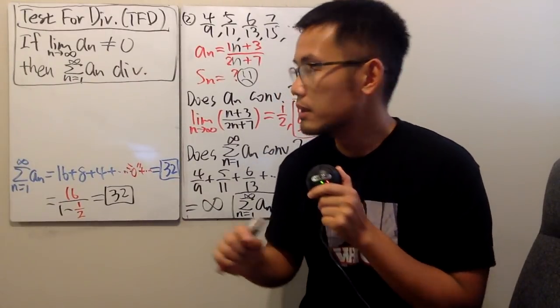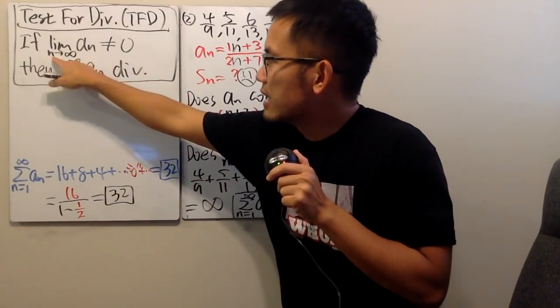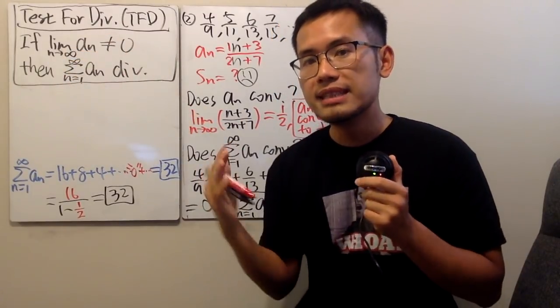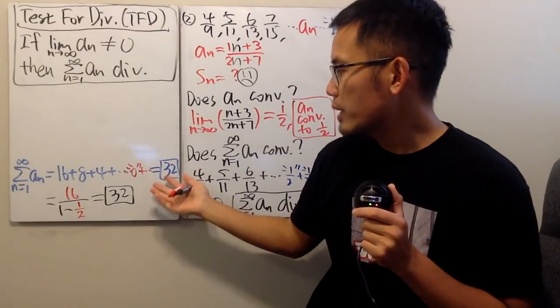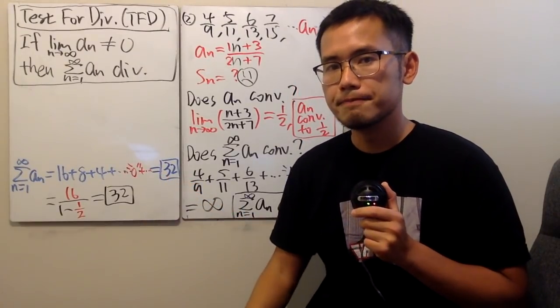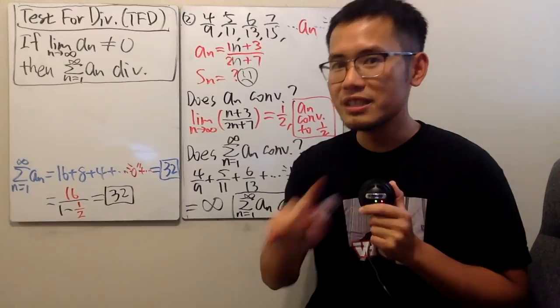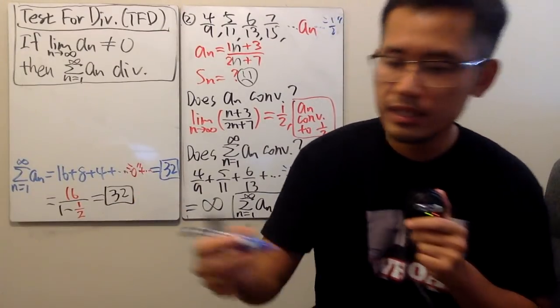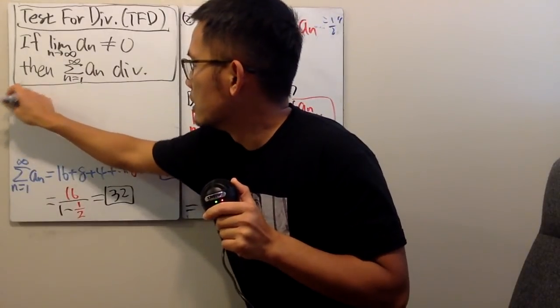Now, here is the deal. You might be wondering, what if the limit as n goes to infinity of an does equal 0? Does that promise you always end up with a finite value like this? Well, unfortunately, that's not the truth. So here is a warning for you guys.